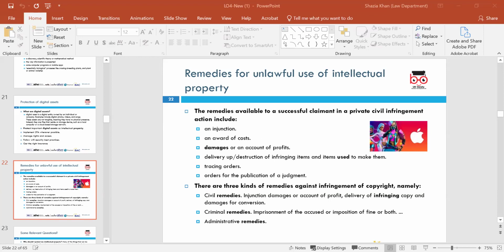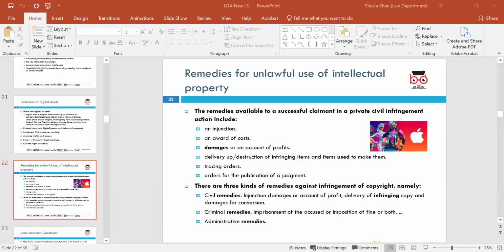So remedies available can be things like an injunction, an award of costs, damages or an account of profits, tracing orders, and orders for publication. So these are some of the remedies that are available for a successful claimant.